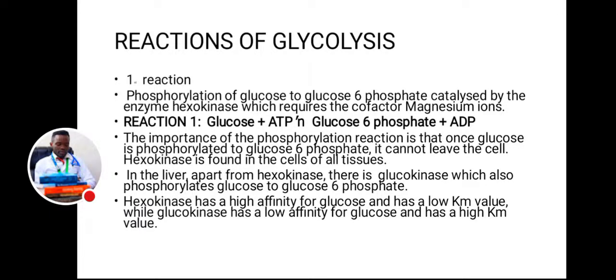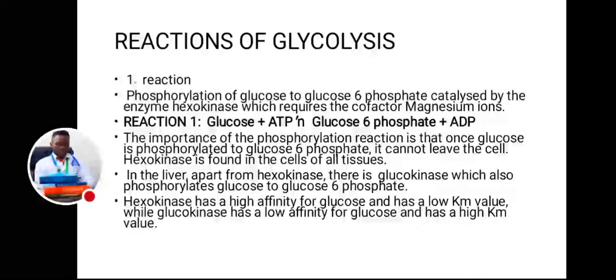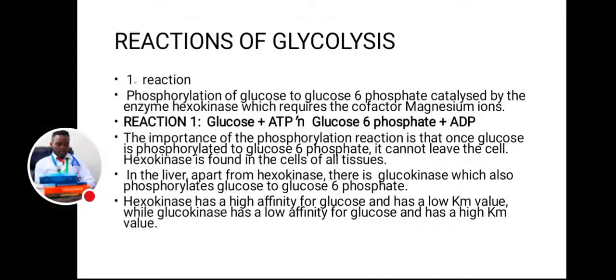The importance of the phosphorylation reaction is that once glucose is phosphorylated to glucose 6-phosphate, it cannot leave the cell. Hence, hexokinase is the enzyme found in the cells of all tissues. In the liver, apart from hexokinase, there is also glucokinase.